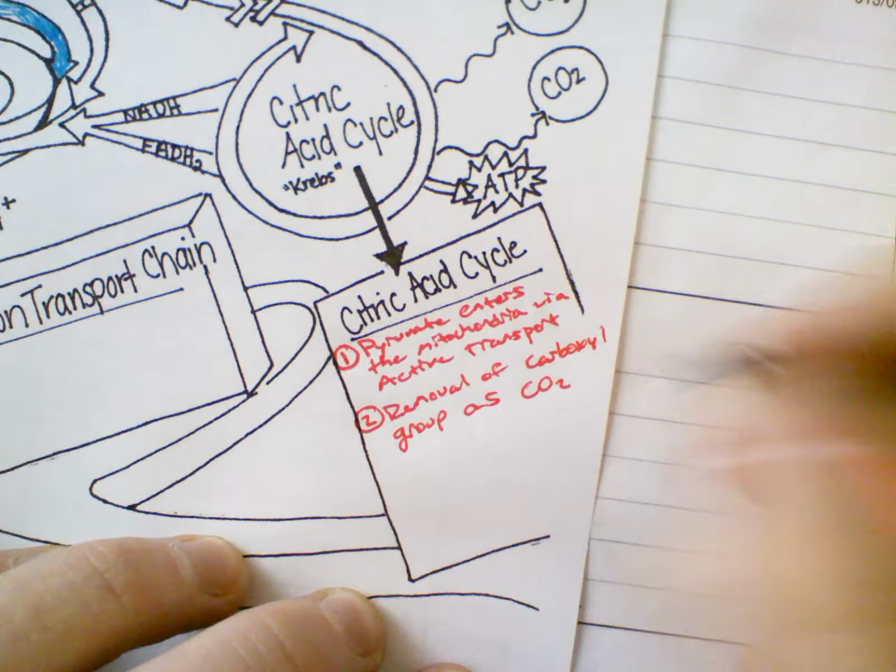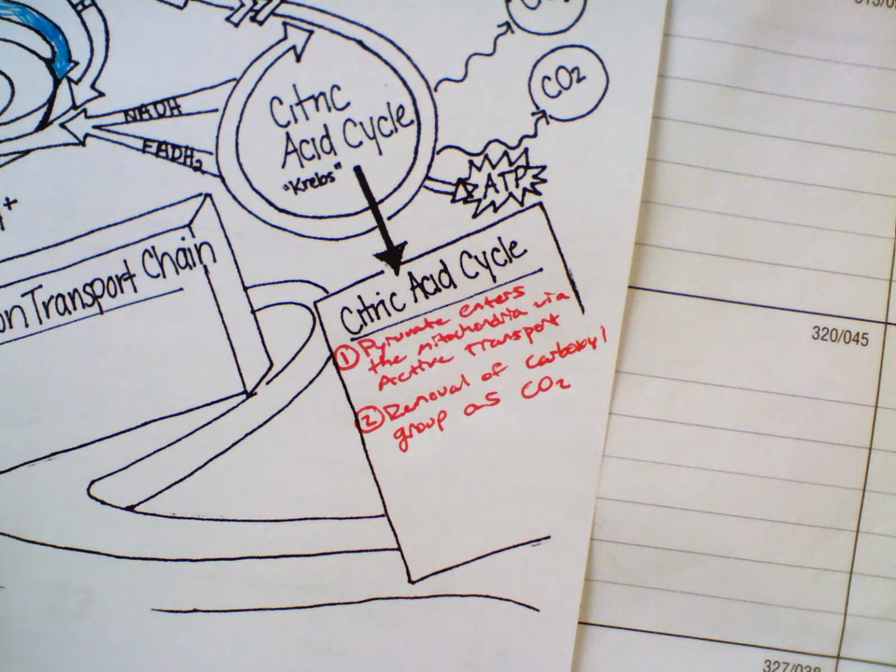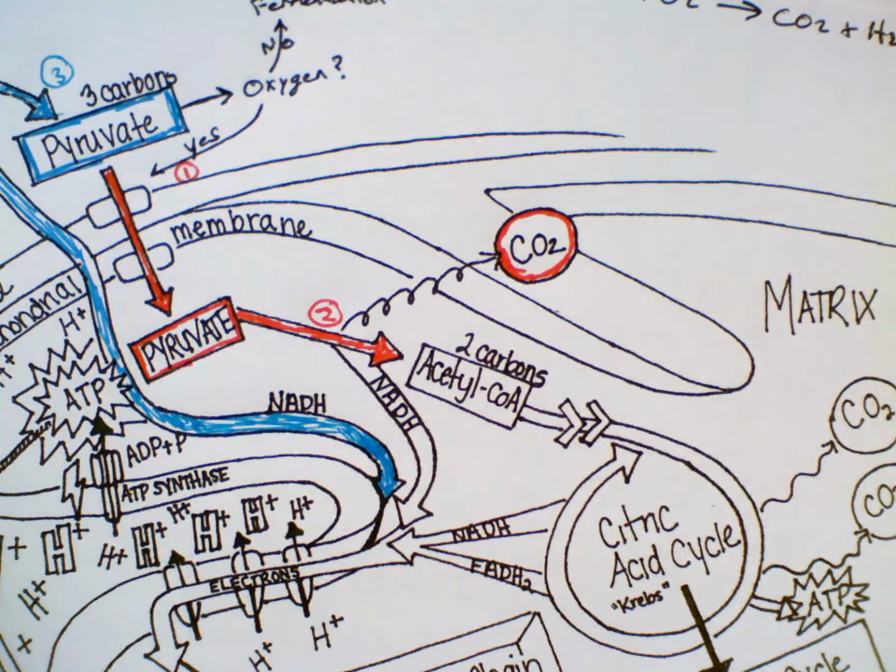So the carboxyl group leaves as a molecule of carbon dioxide gas. And we have to exhale that later. Right? Removal of carboxyl group as CO2. 2 goes here where we spiral off our CO2. Okay?